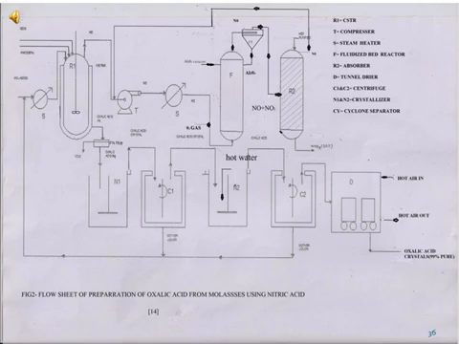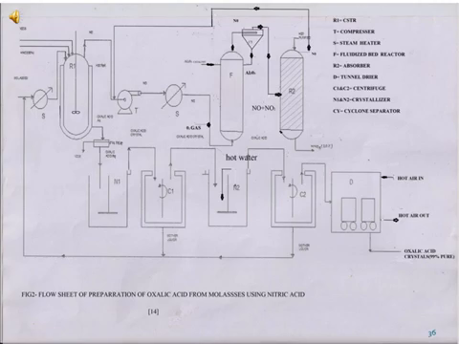Then a cylinder F. You can also see cylinder R2. Between F and R2, you can see CY above. CY means cyclone separator. R2 means absorber.